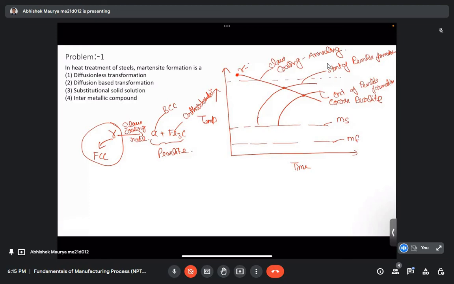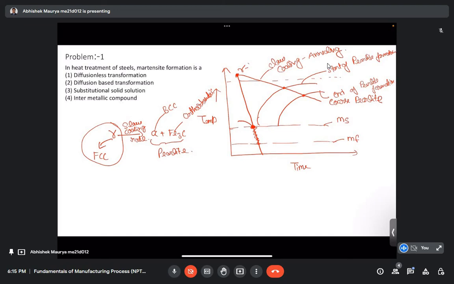But suppose it doesn't get sufficient time for the diffusion process to happen, then what will happen? If the cooling rate is very very high, then our transformation curve will look something like this. We will bypass the nose of the CCT curve, and our gamma will start to become martensite directly.